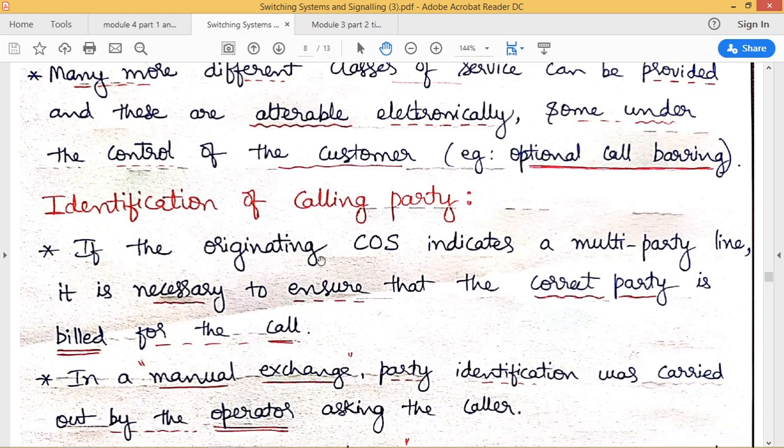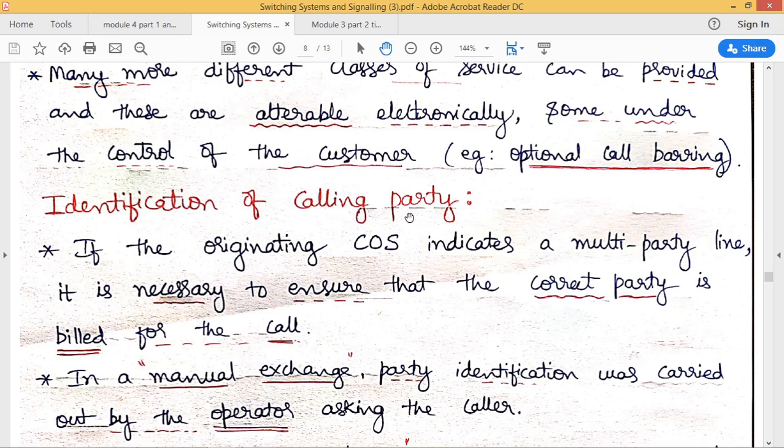The originating class of service indicates a multi-party line. We know a large number of subscribers are connected to an exchange, so it is necessary to ensure that the correct party is billed for the call.